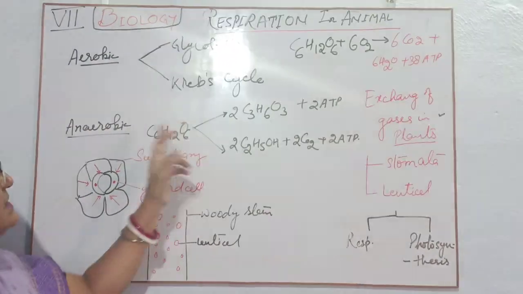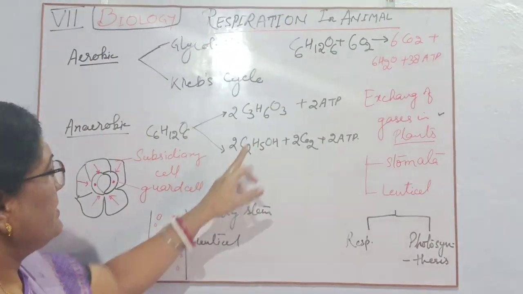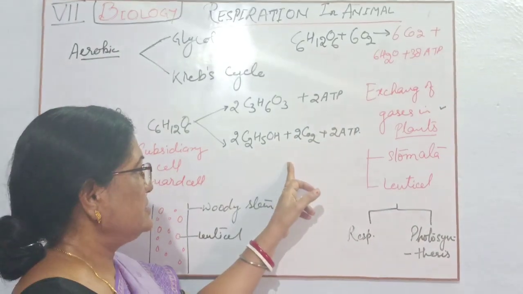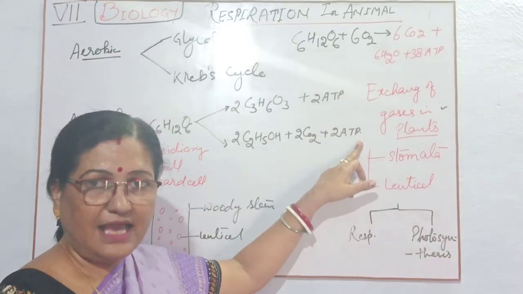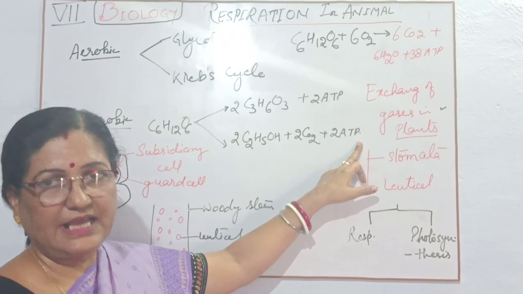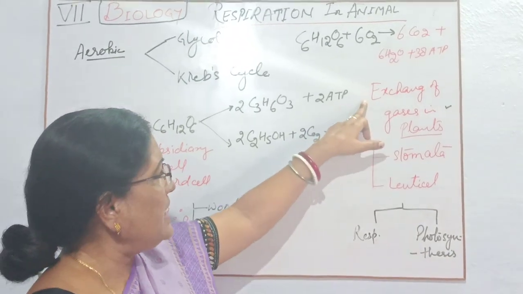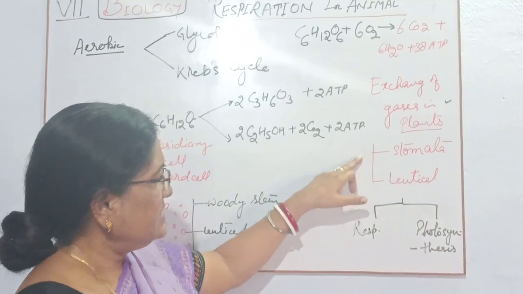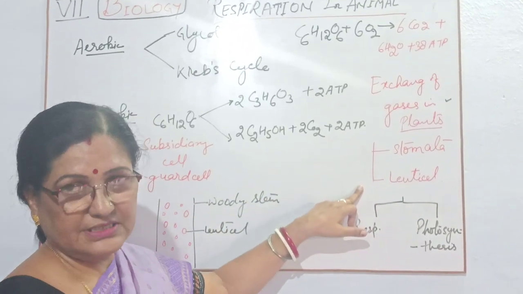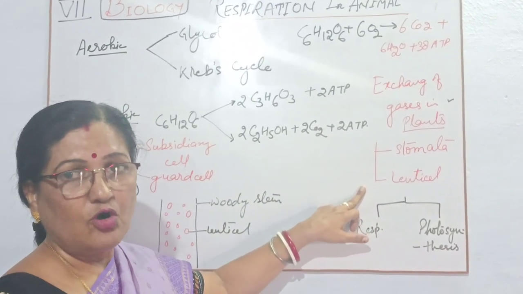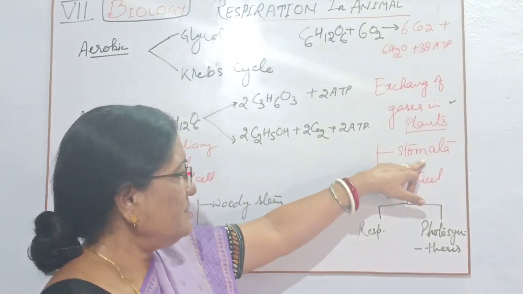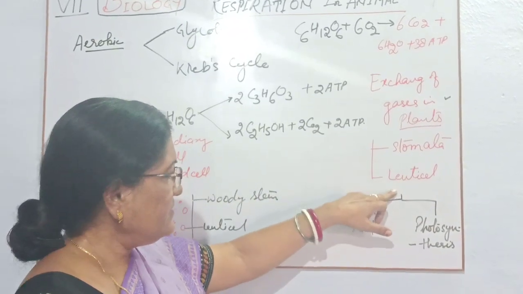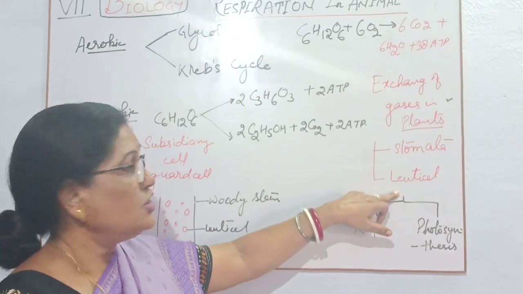Due to respiration, animals have only one type of exchange of gases. But in plants, exchange of gases takes place in two ways, by two holes: one is the stomata, another is the lenticel.